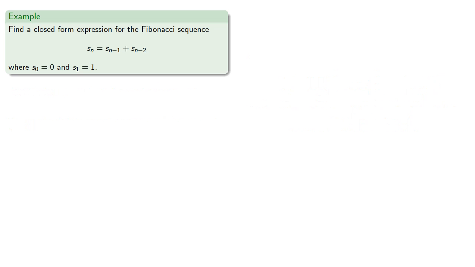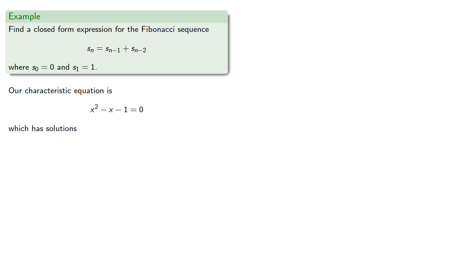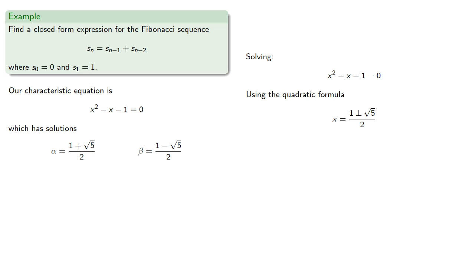For example, let's find a closed form expression for the terms of the Fibonacci sequence where S_0 is 0 and S_1 is 1. So our characteristic equation is this, which has two solutions, which we'll call alpha and beta for convenience. So a general solution is a linear combination of powers of these roots.